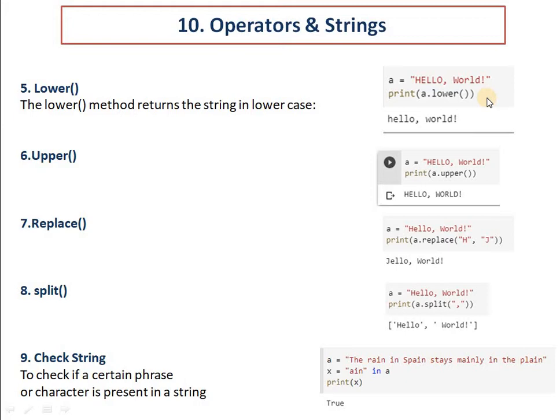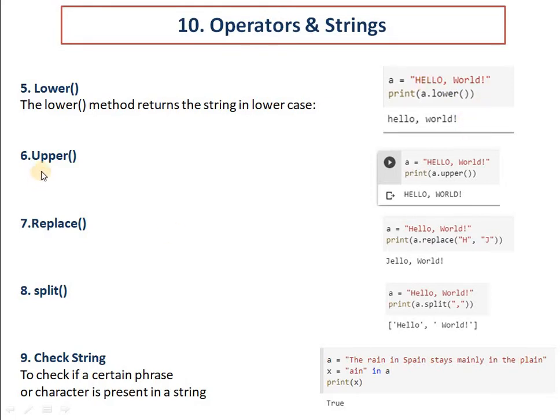While running this program, it will display the answer as hello world in small letters. Here it is stored in capital letters. Hello world in capital letters is stored in the variable a, but when I am calling the function a dot lower and I am printing it, it will convert these capital letters into small letters.